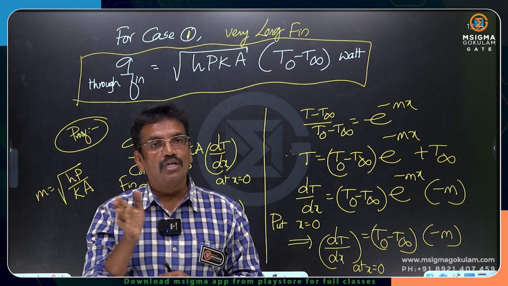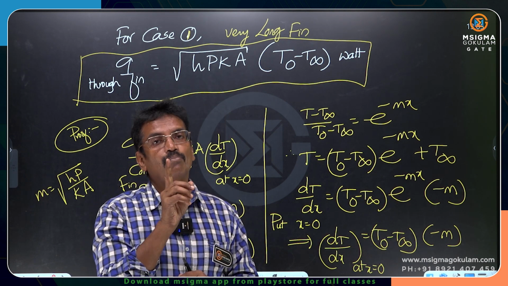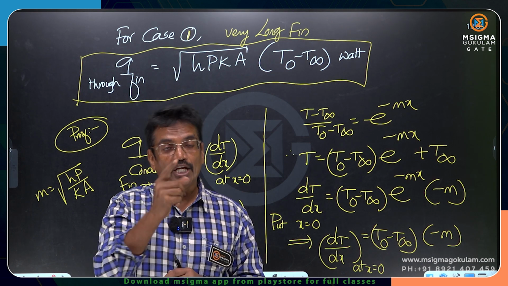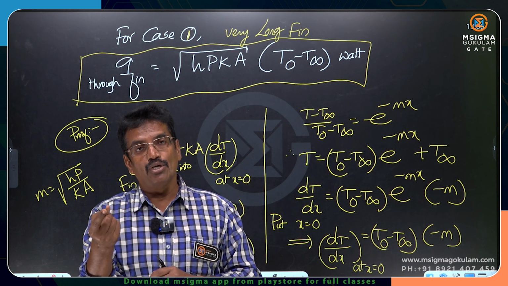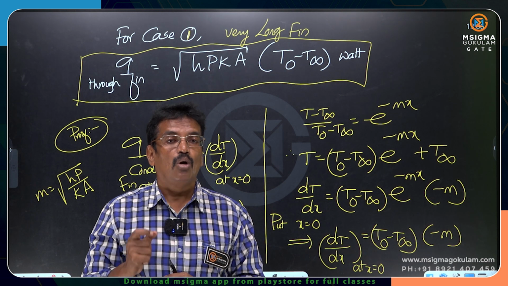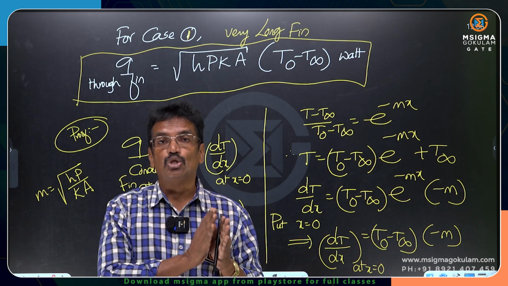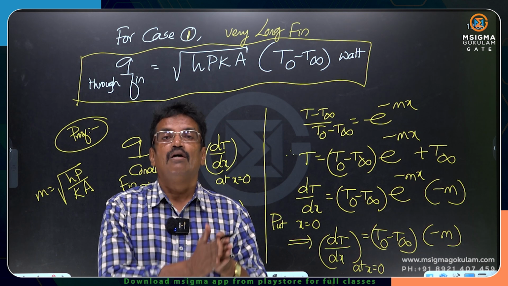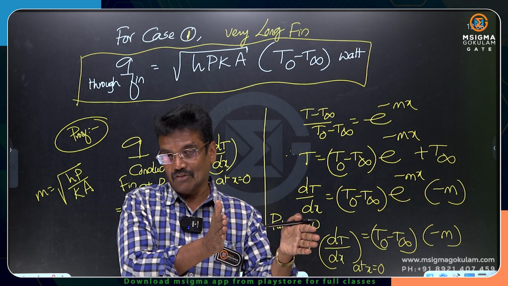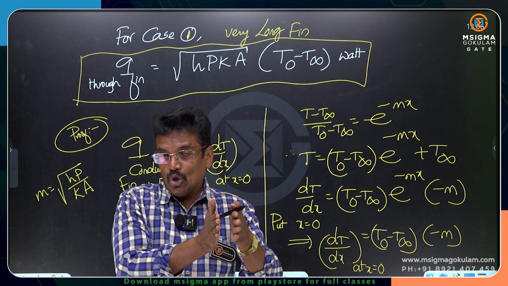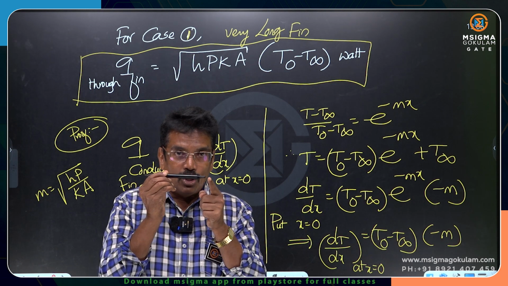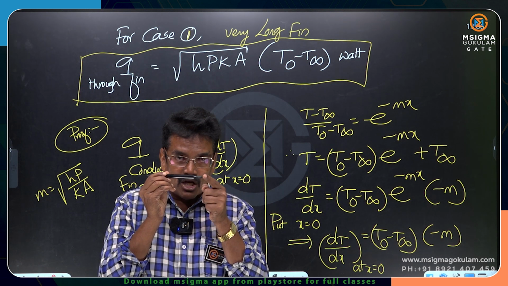What is case 2? The fin is finite in length, but the tip is insulated. I will give the solution for both the heat transfer rate and the temperature distribution for case 2. When the tip of the fin is insulated, there is no convection heat loss from the tip edge.